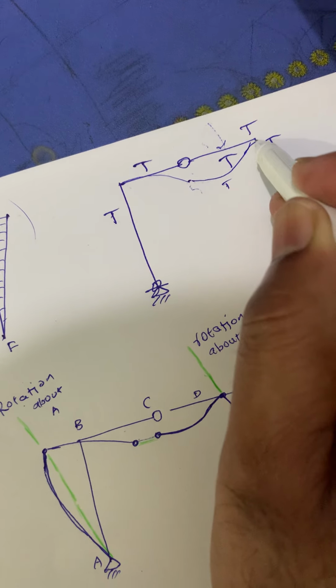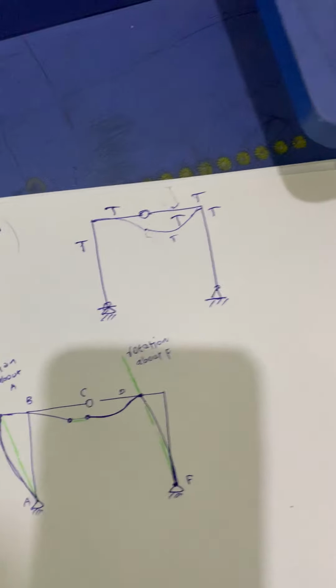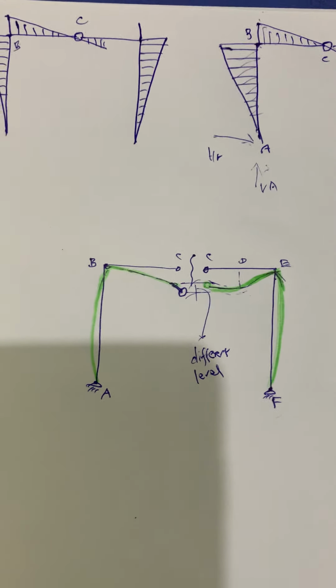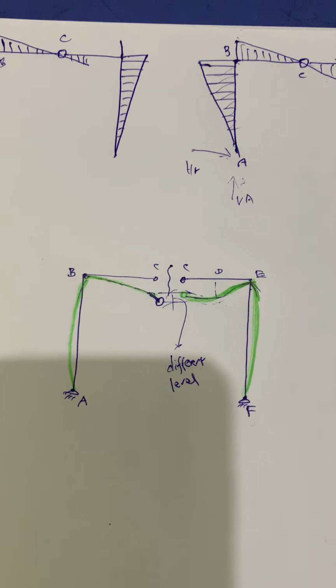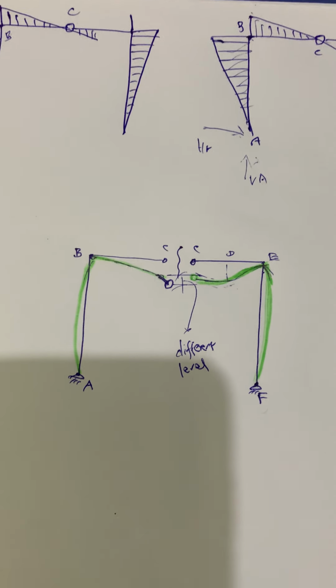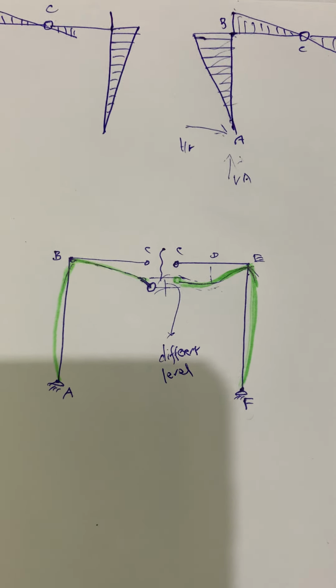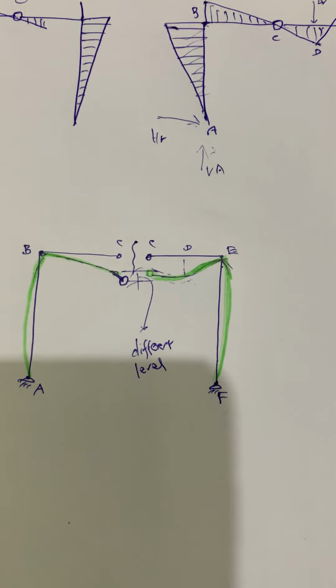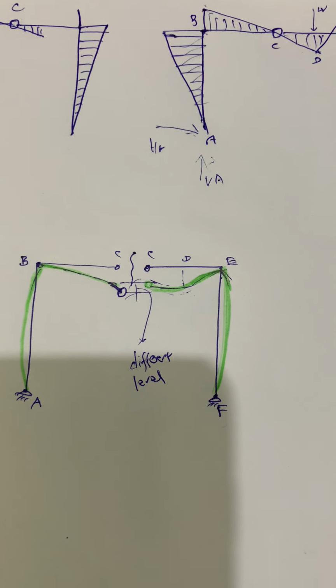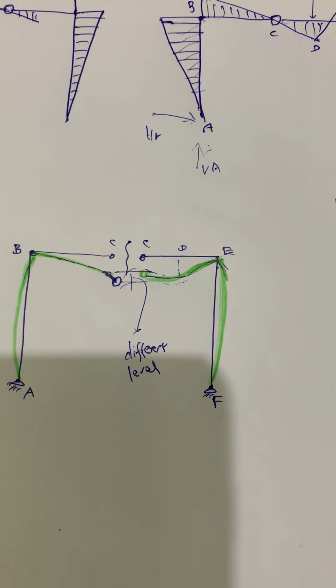Then because of the rigid joint, it starts taking tension on the outside. That's how it's behaving. It's deflecting. It continues to C. Okay, this side of the frame would deform as shown.